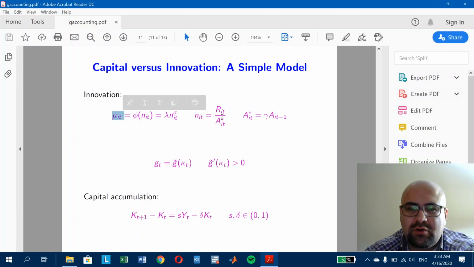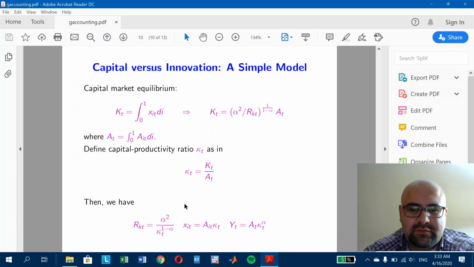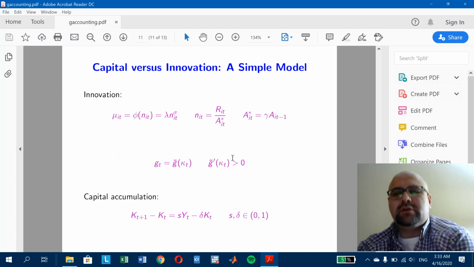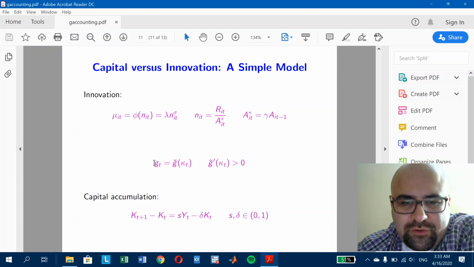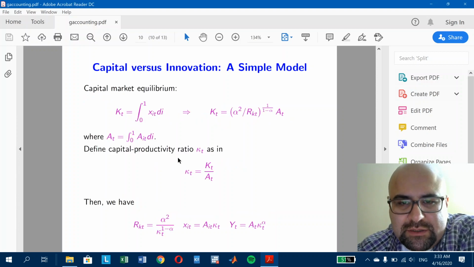Success probability depends on normalized R&D expenditure, NIT, and there is this targeted productivity in that sector I. If you do the math from this model, with pen and paper, you find the growth rate of productivity. So this is the growth rate of average productivity in the economy. Now in this model, that productivity depends on kappa T, which is total capital stock divided by average productivity across product varieties.